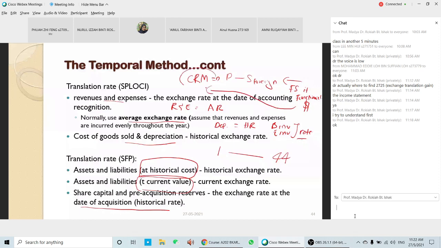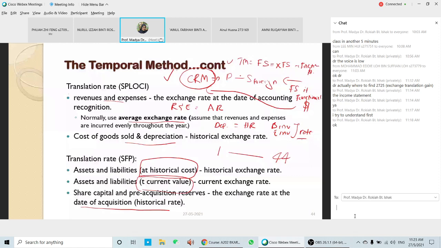For the temporal method, you need to know the difference between the closing rate and the temporal method. For the temporal method, it applies once the foreign subsidiary does not prepare its financial statements using a functional currency. Okay, so that is the difference. So you need to know, up to slide 1 and slide 44, the difference between the temporal method and the closing rate method.